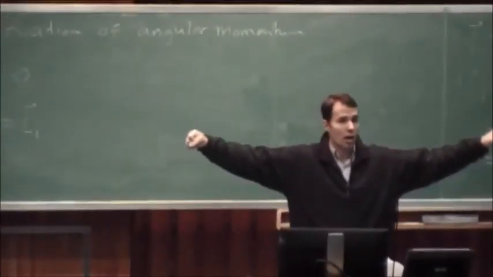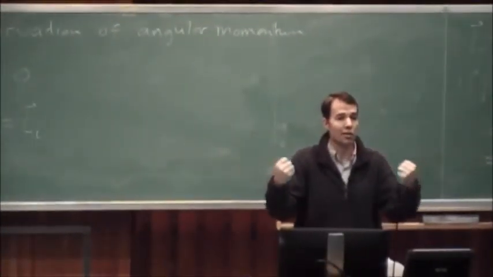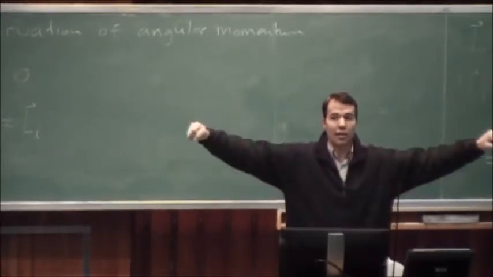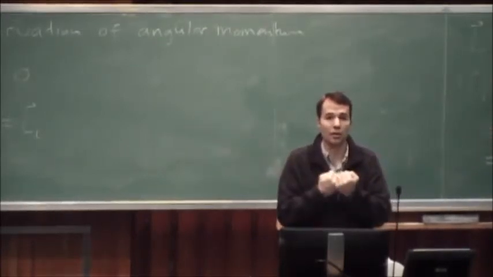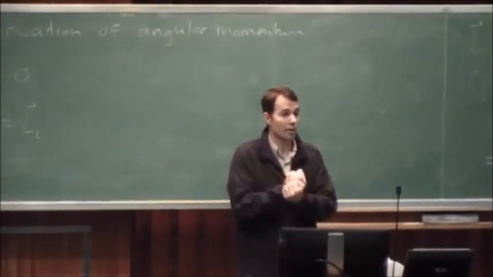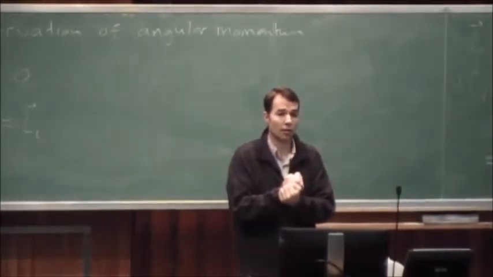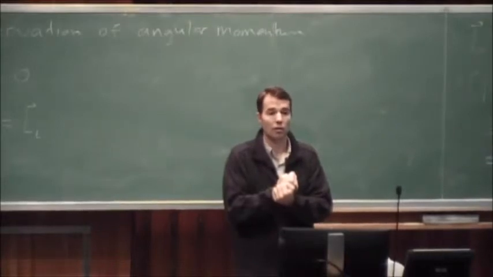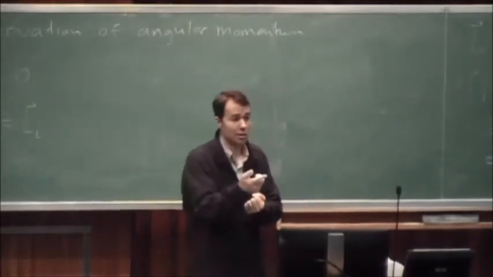There were no external torques. But as I bring in those weights, what happens? The moment of inertia gets smaller, right? So what has to happen? The angular frequency has to go up.